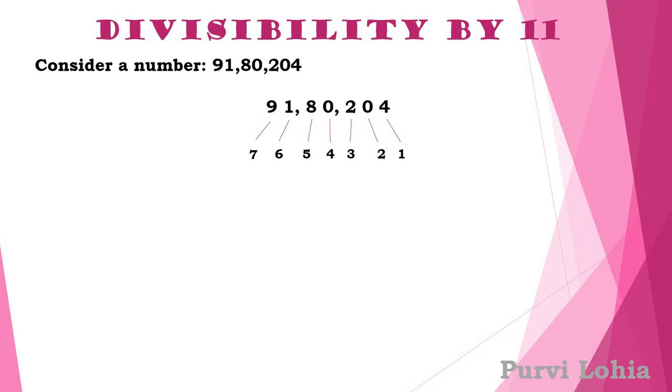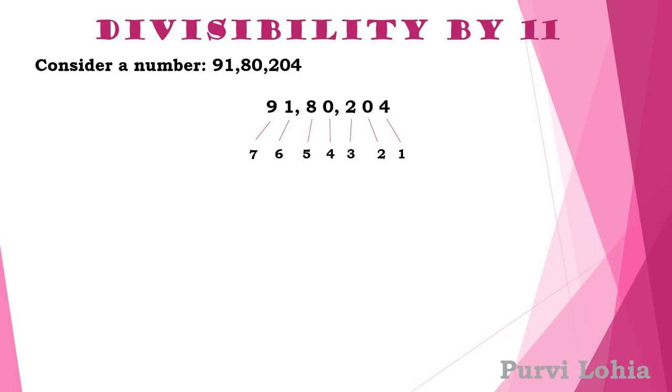So you will see the places here. Okay, so 4, 2, 8 and 9 are at odd places, that are 1, 3, 5 and 7. And 0, 0 and 1 are at even places, that is 2, 4, 6. Understood? So don't confuse it with even numbers and odd numbers.